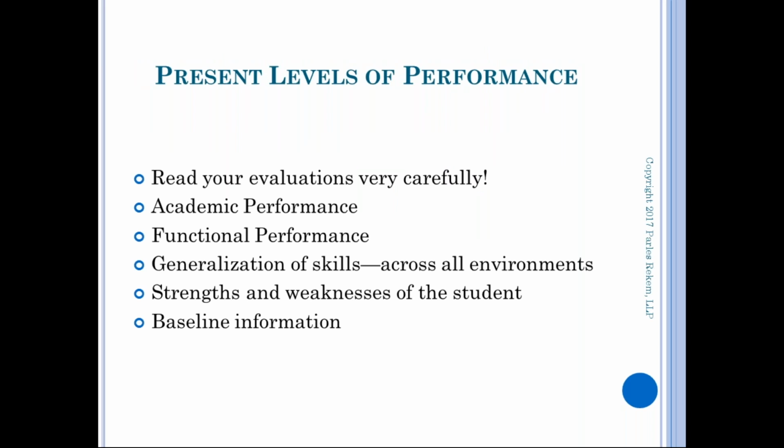So just make sure that you read your evaluations very carefully. They can be very tedious, and you may not understand all the lingo and the language and the numbers that you're seeing, but ask questions and highlight and really go through all of that, because there's a lot of information there.